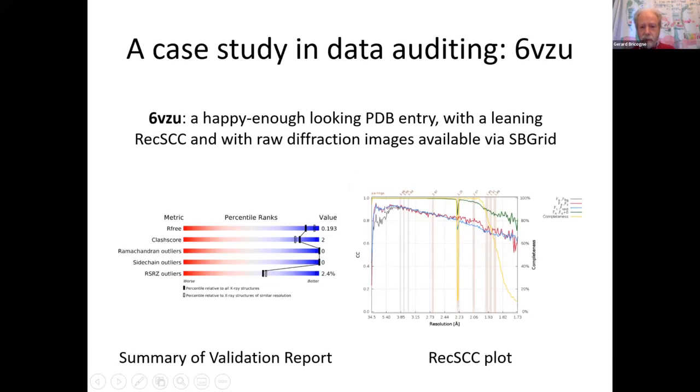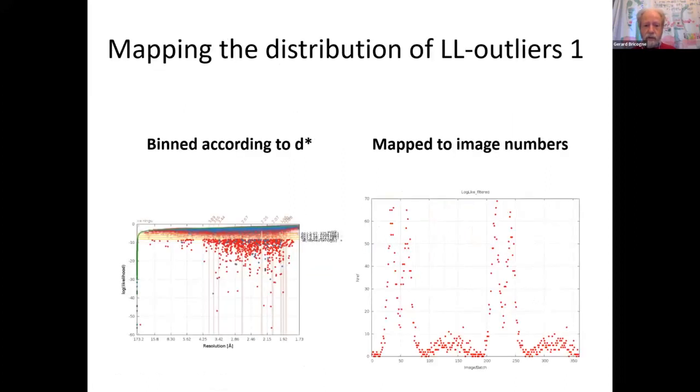However, the reciprocal space correlation plot just looks as if there's something preventing it from aiming higher. There's a big gap here. And this is what enabled us to pick up this example, together with the fact that the log likelihood outlier plot shows an unusual abundance of outliers.